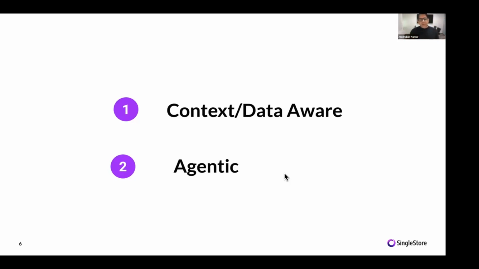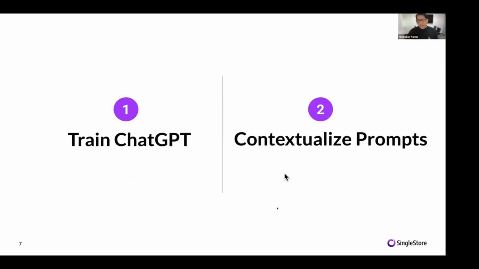But the thing that's most important is the context and data aware piece. So if I were to try and build an application today from a data perspective, there are two things I can do to make any model, any LLM, specifically OpenAI, be aware of my data. One is I can download their older version of the LLM, which is GPT-3 and I think 2.5. It's open source.